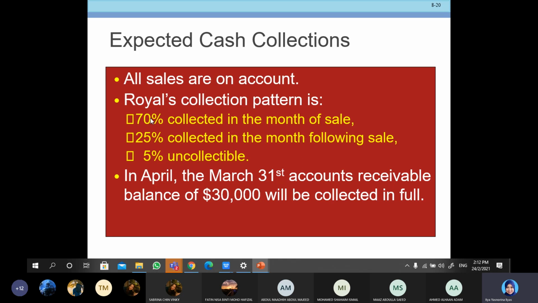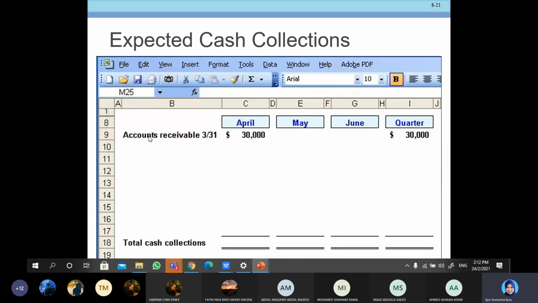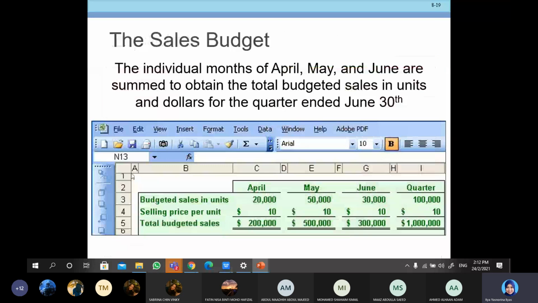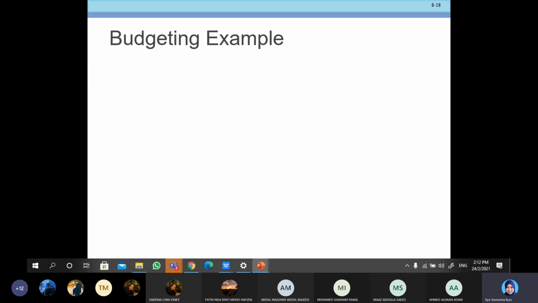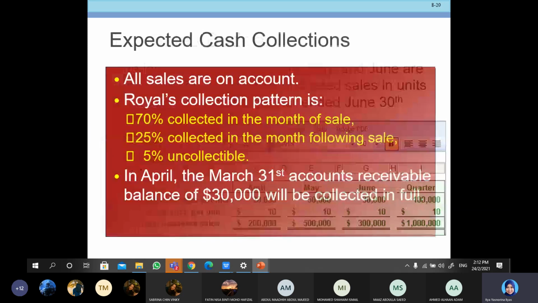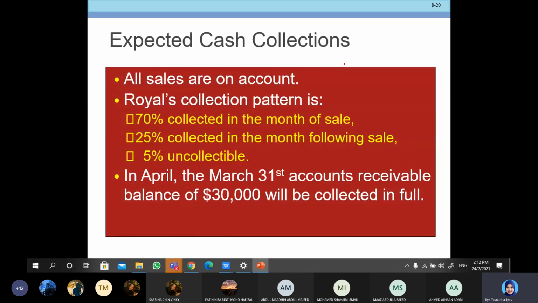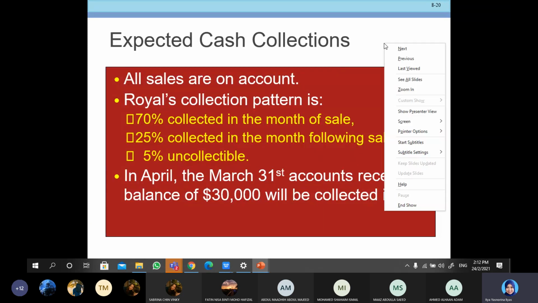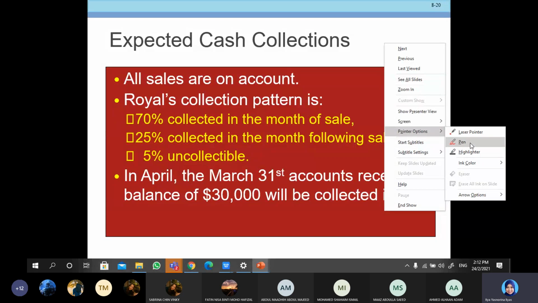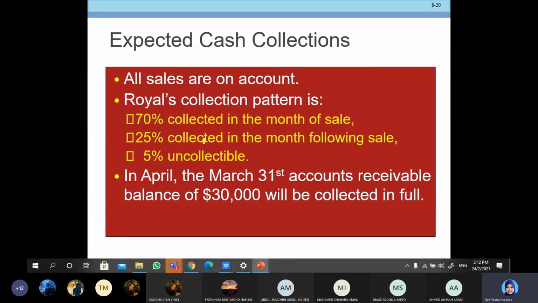In April 70% will be collected, and in May we collect 25%. If you look here, we highlight: in April, the March 31st account receivable balance is 30,000.